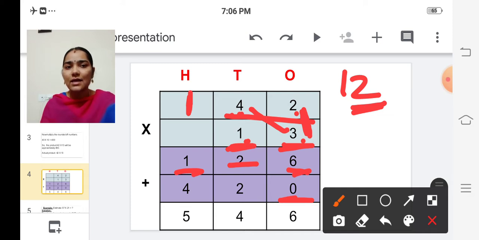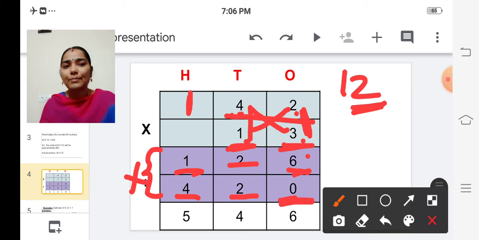Then start multiplying. 1 into 2. 1 2s are 2. So write the 2 here, and 1 4s are 4. Write that 4 here. Now we are going to add these two numbers.